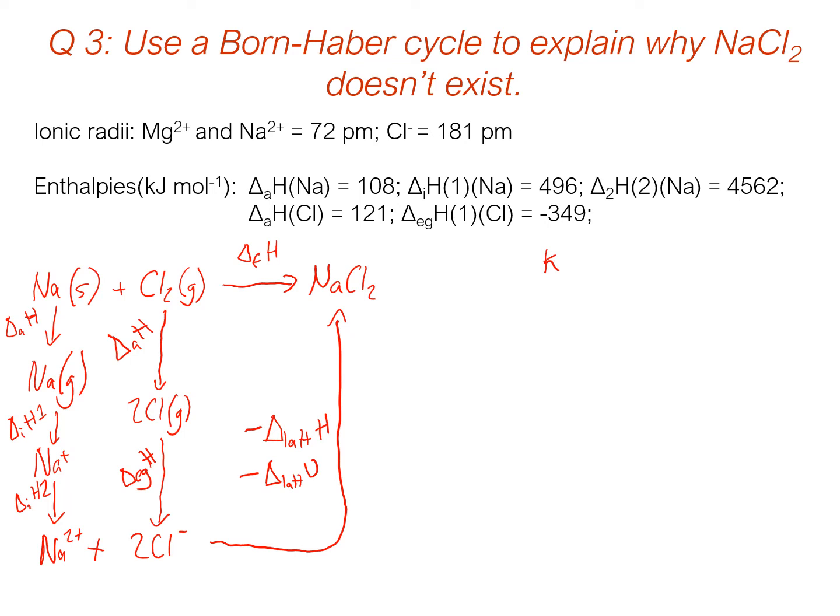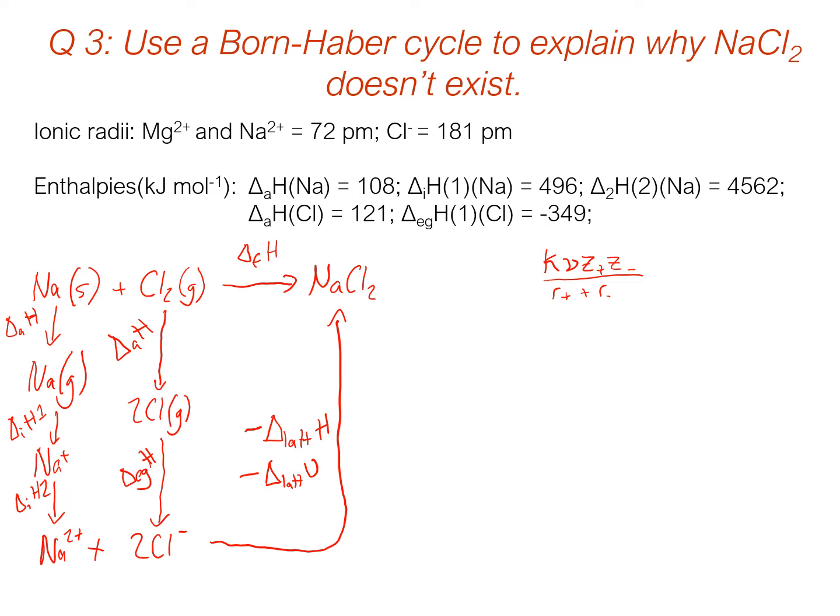So the constant K, nu, that's my really bad nu, it looks more like a V in reality, which is the number of ions in the structure. Z plus, which was the charge on the cation, Z minus, which is the charge of the anion, and this is all over the radius of the cation plus the radius of the anion.